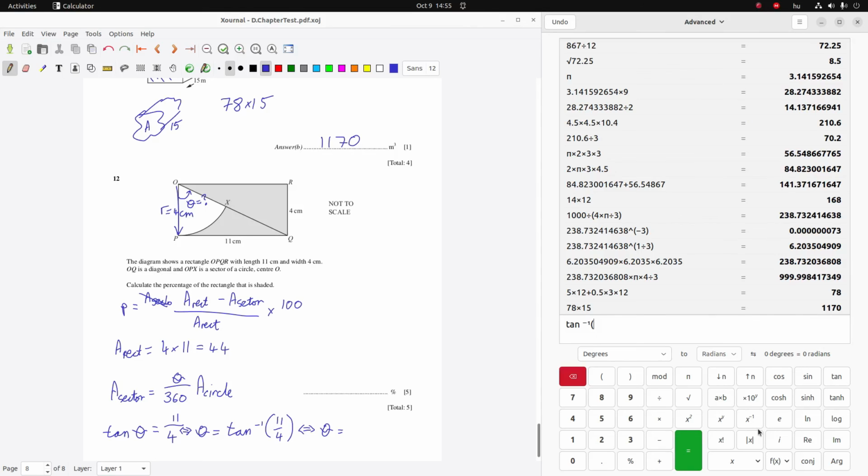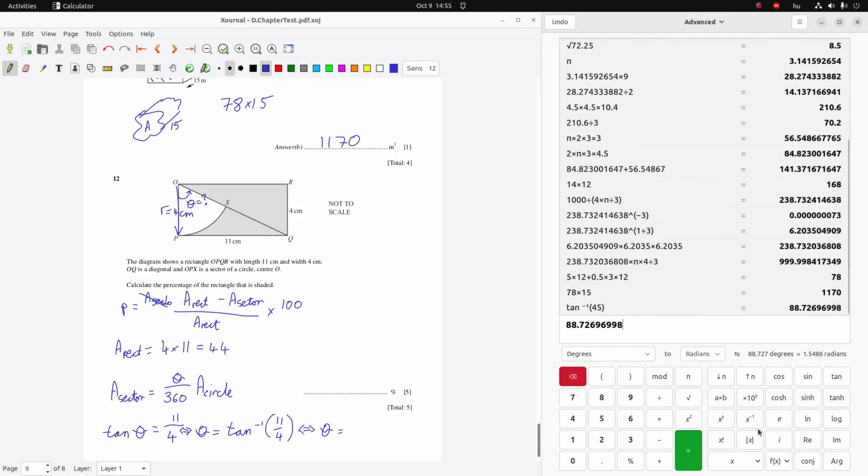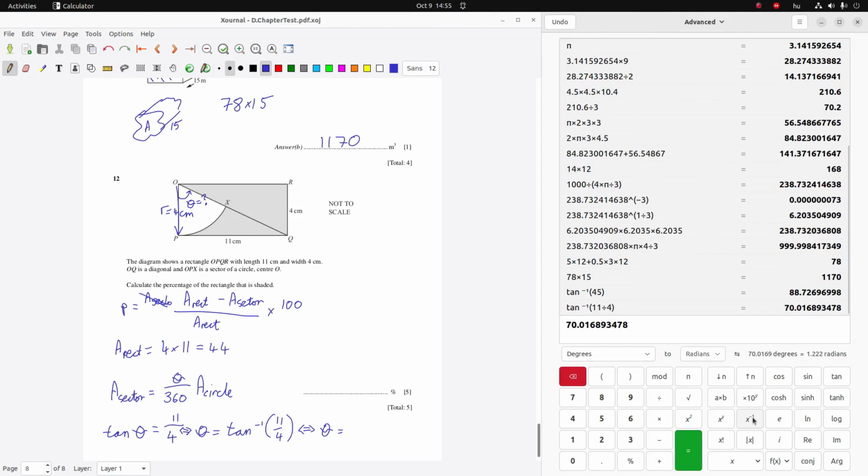Tangent inverse of 11 divided by 4 is 70 degrees.